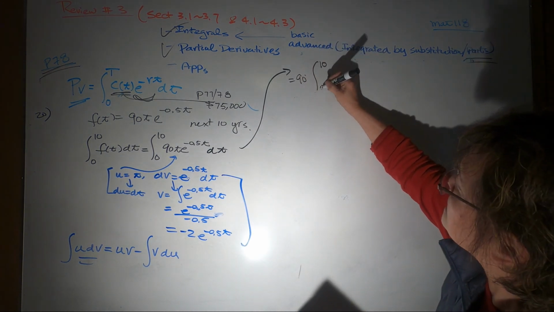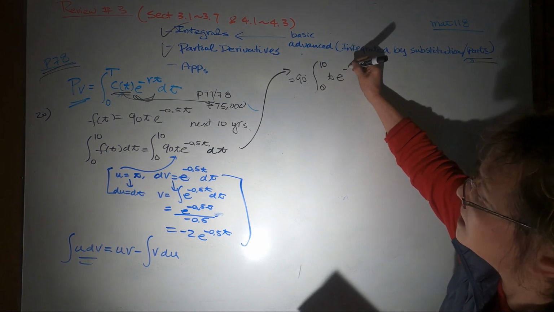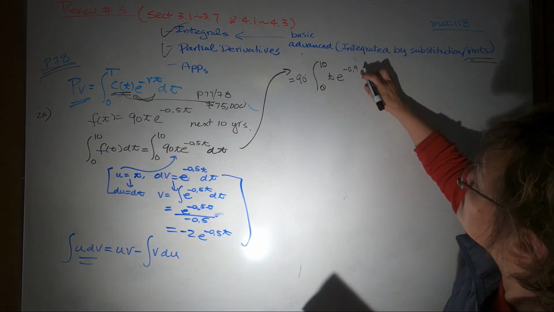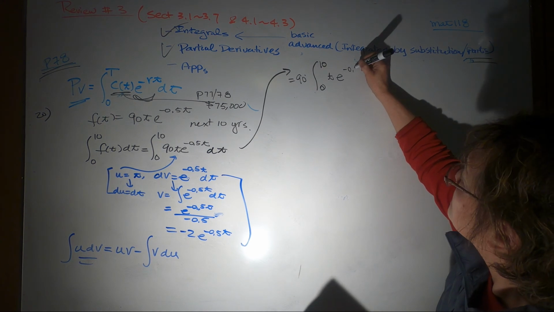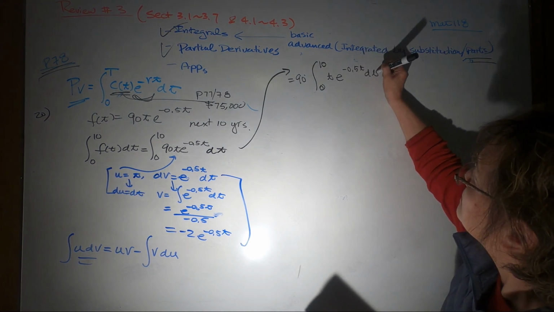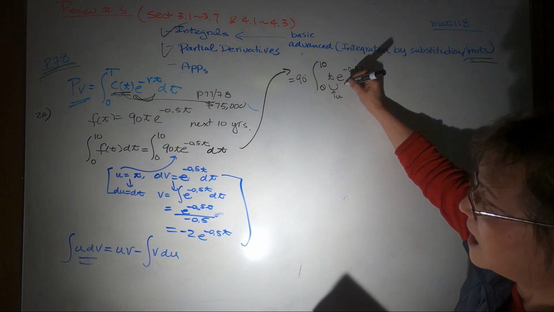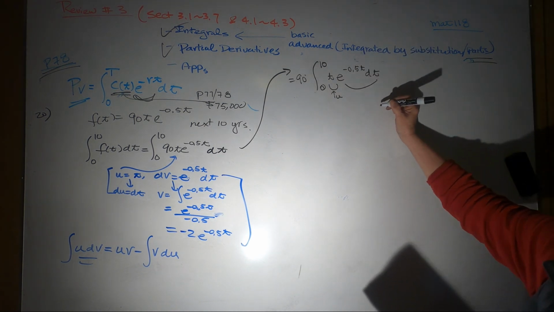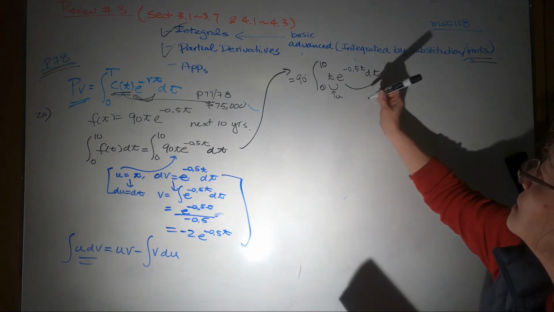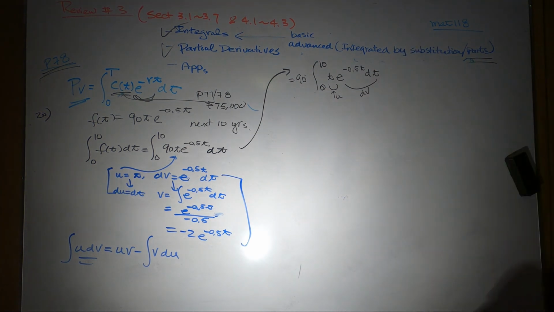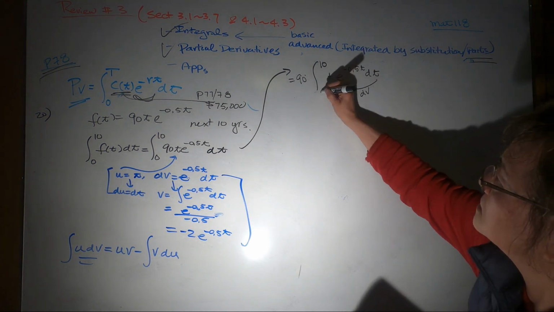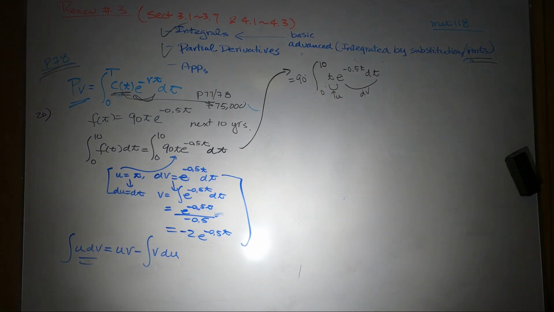Then we have t, right? e to the negative 0.5t dt, right? So that would be my u, that would be my what? dv, right? Then what do we have?